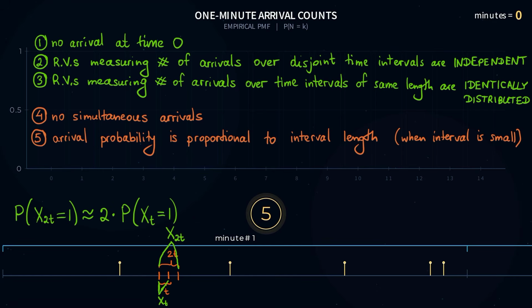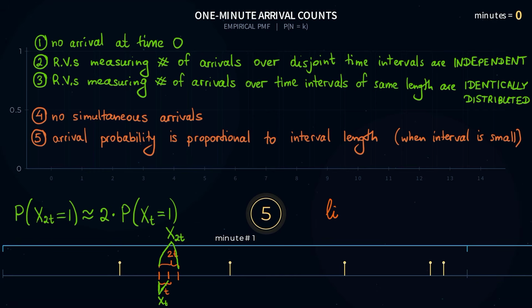More crudely, the longer the time interval, the greater the probability of arrival, but this says a lot more than that. It says that as we increase the time interval, the probability of arrival increases proportionally, and that constant of proportionality is actually quite special. So let's write it out here.